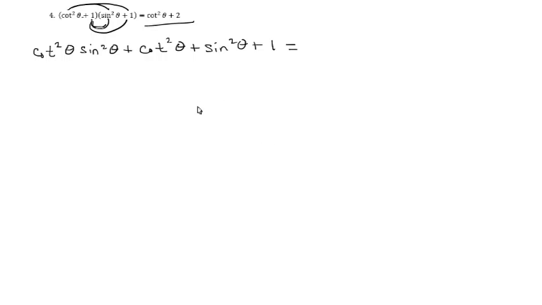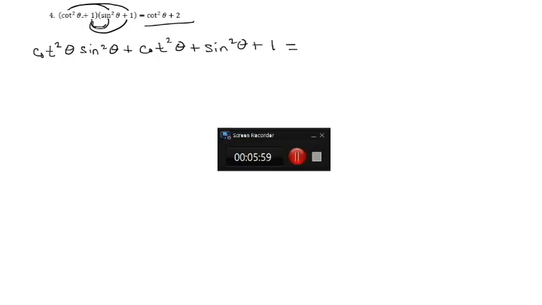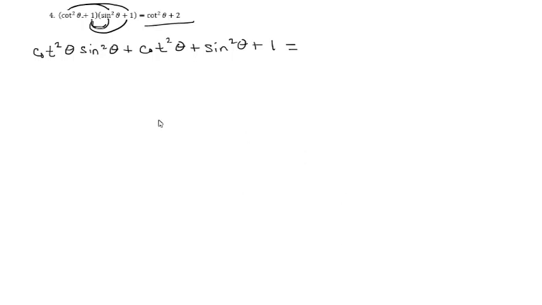Well, I notice here, let's see. Okay, so let's try this. Let's try replacing cotangent with cosine over sine, but since it's squared, it's going to be cosine squared over sine squared.